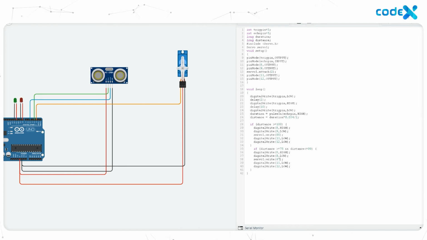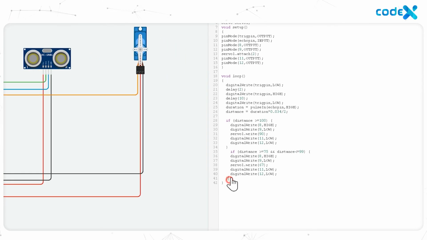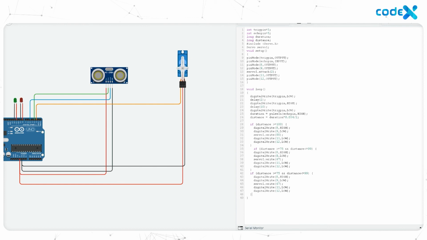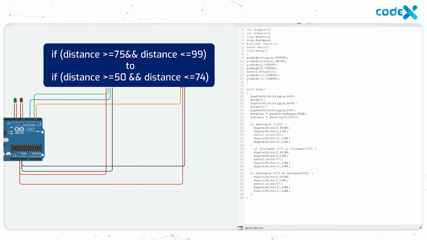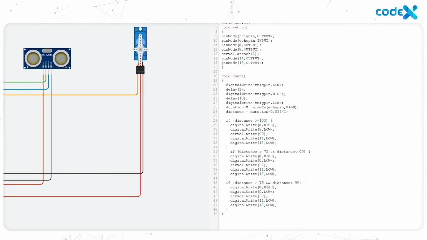Third condition. So let's copy this syntax and paste it below. Now we can change if within brackets distance greater than or equal to 75 and distance less than or equal to 99 to if within brackets distance greater than or equal to 50 and distance lesser than or equal to 74.